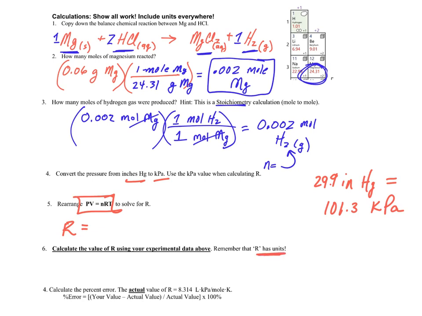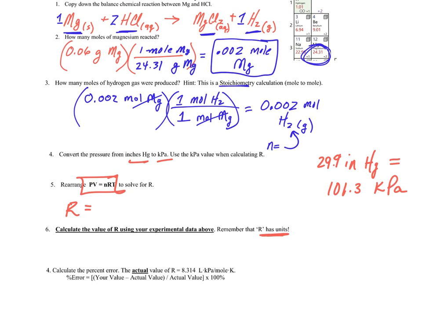We want it to have units of kPa, liters, over moles, over Kelvin. And then we can compare that to the theoretical value that you can see down below. Theoretical value for R. Then there's an extension question. Again, will be on your own. All right, good luck.